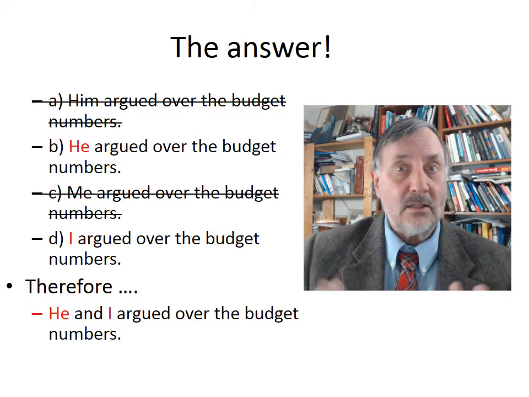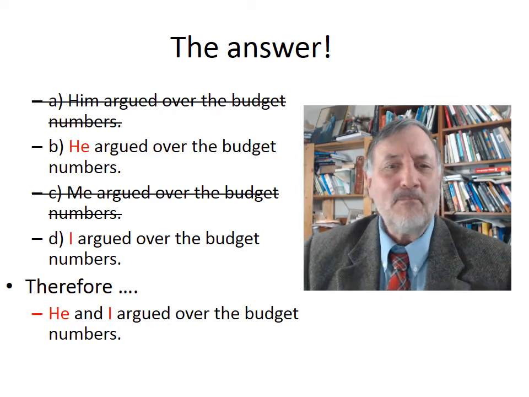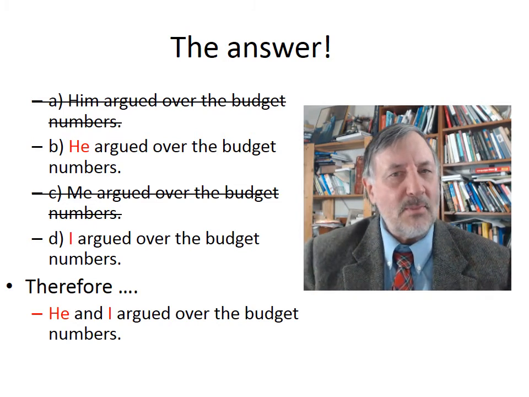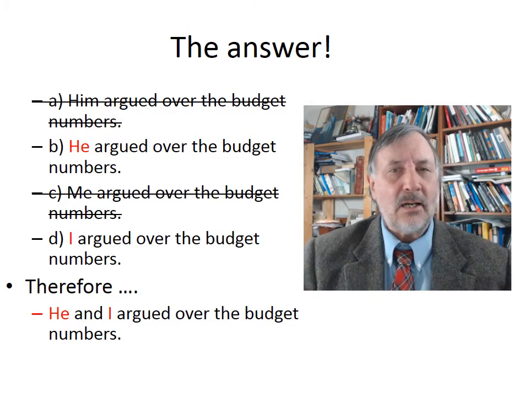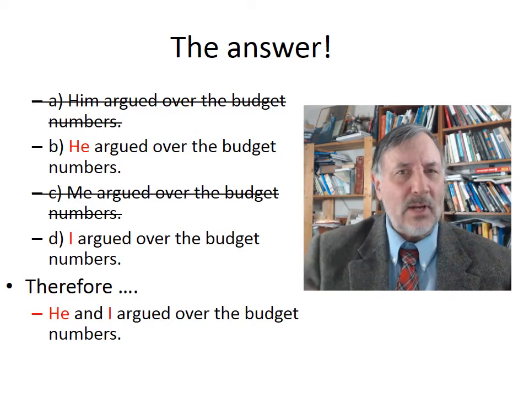Here we have the answer. In each case, we'll see that "he argued over the budget numbers" and "I argued over the budget numbers" is the usage that we should employ when we isolate the pronouns.